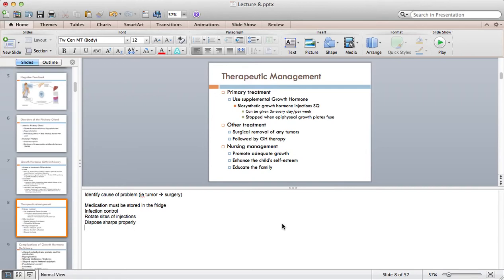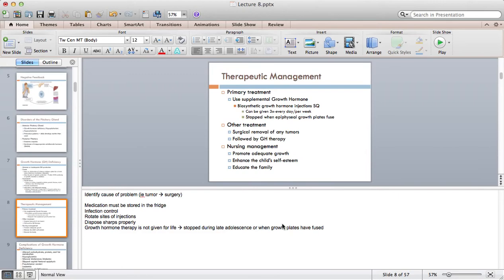So in essence, the growth hormone therapy is not given for life. You stop it during late adolescence or when the growth plate has fused. It is not a therapy for life. We will come across other therapies that we have to do for life, but not this particular one.